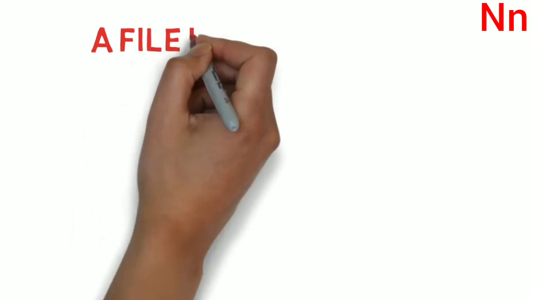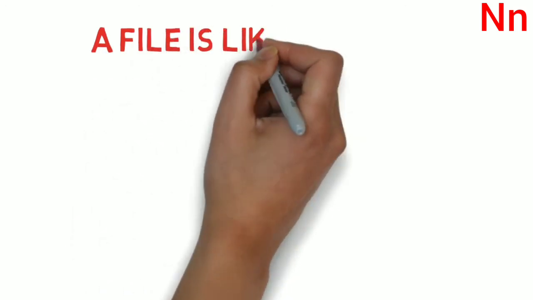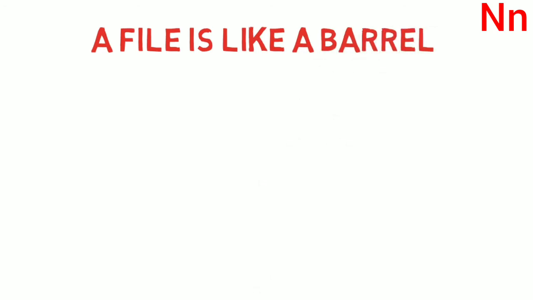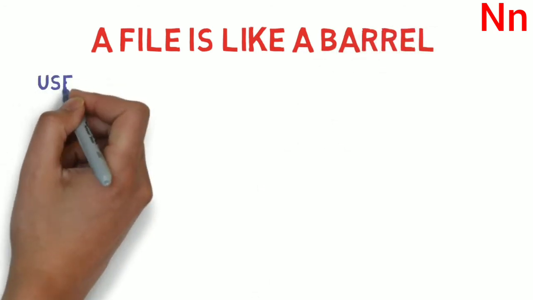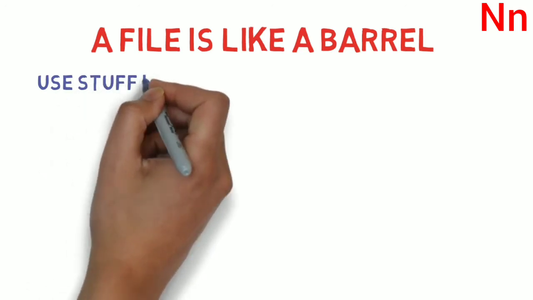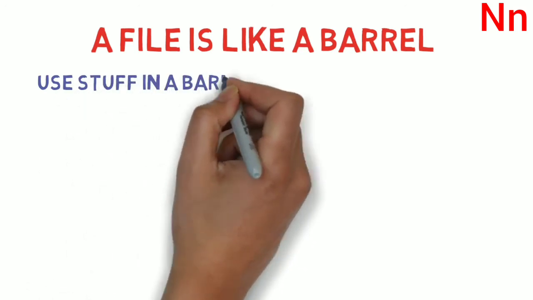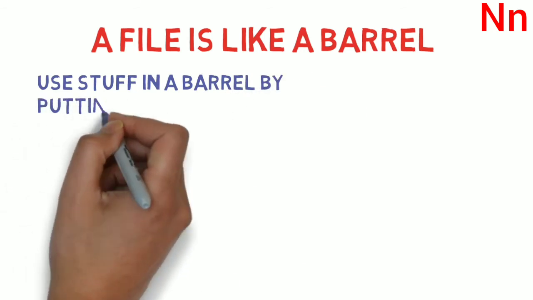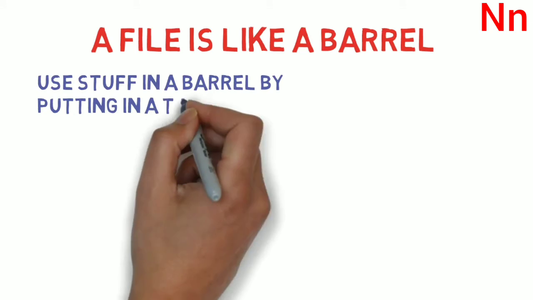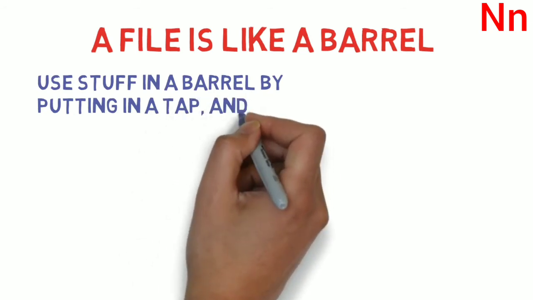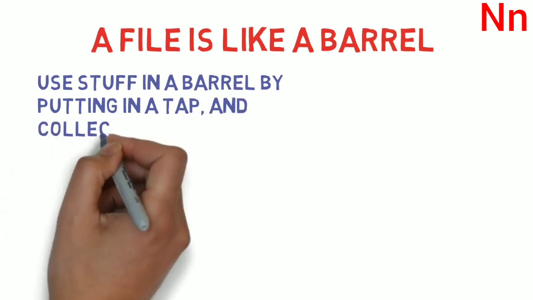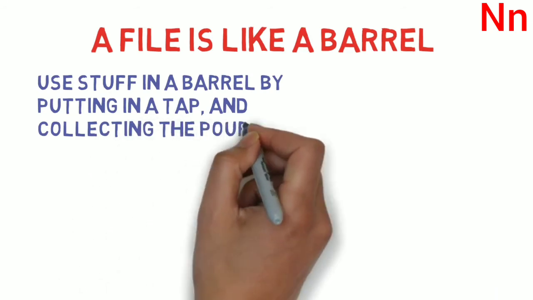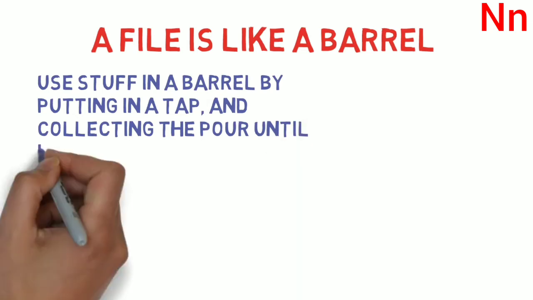So now that you put your stuff in a barrel, you might want to actually get it out. You can do this by putting in a tap and then pouring out the contents and collecting the pour until the barrel is empty.